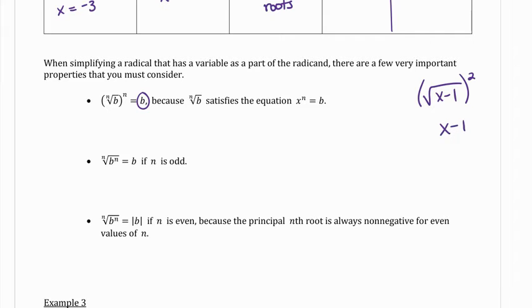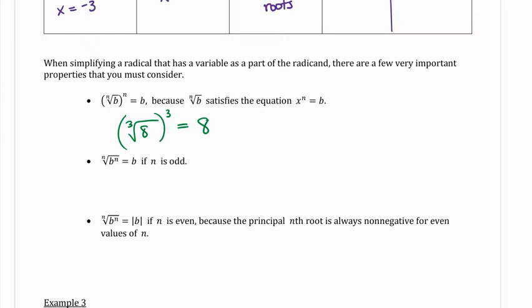Those two operations undo each other, they're inverses of each other. So for example, if I've got the cube root of 8 and then I cube that, that is going to give us 8. You can think about the cube root of 8 is 2, and then 2 cubed is 8.